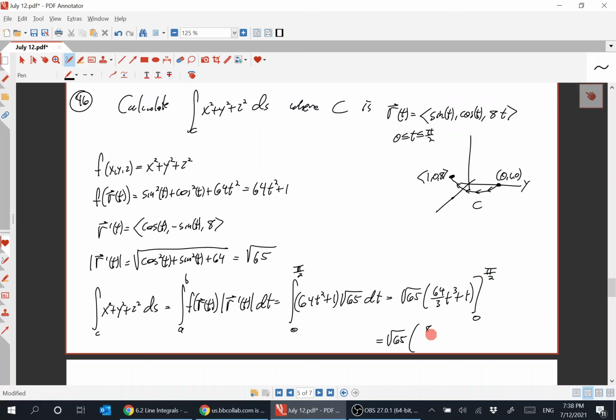So it's 8 pi to the third over 3 plus pi over 2 minus 0. That's 0. So square root 65 times, 8 pi to the third over 3 plus pi over 2.